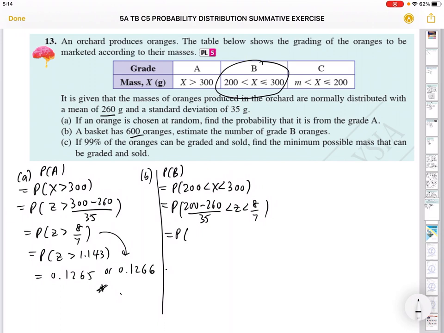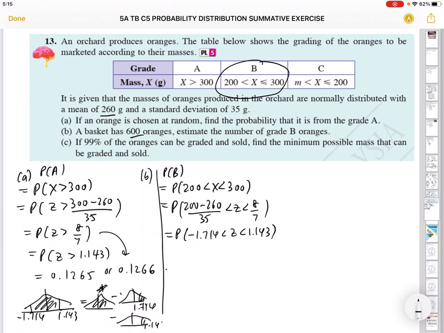Now we know this is in between, guys. One is negative 1.714, another one is positive 1.143. I need to do 1 minus P(Z more than 1.714) minus P(Z more than 1.143). Sorry, a bit ugly.